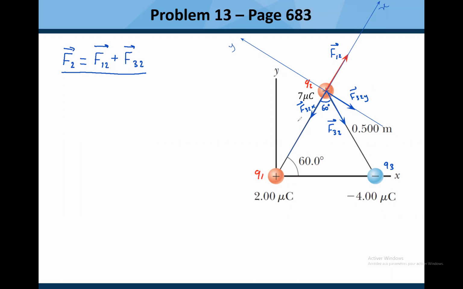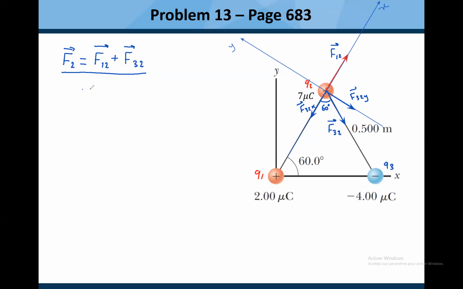So by choosing the x and y axes like this, we know the angle. But if you choose another x-axis, maybe you have to calculate the angle, and maybe it's hard to calculate. So it's a good choice. It's important to choose the axes in the direction that makes your calculation easy.